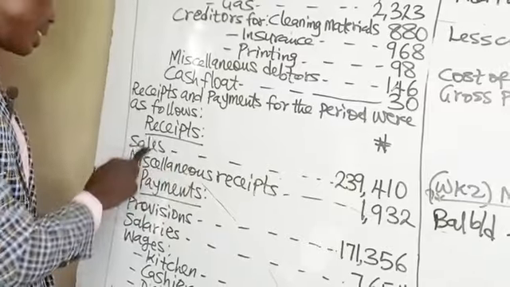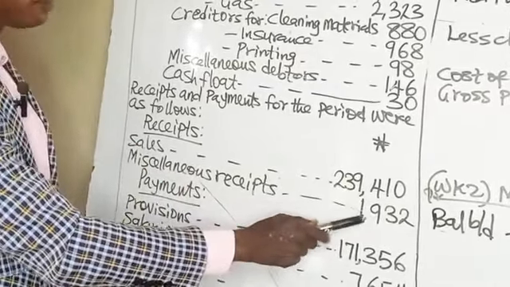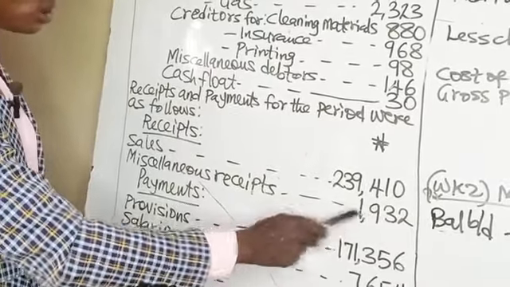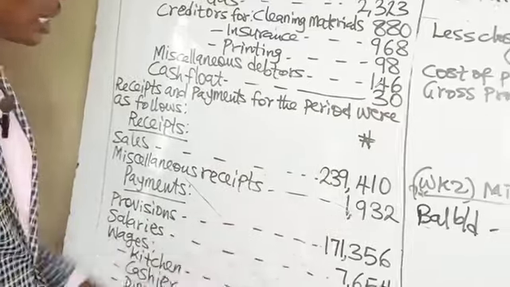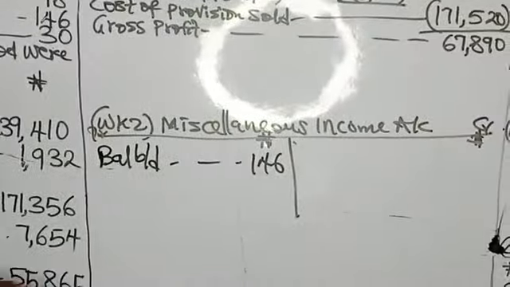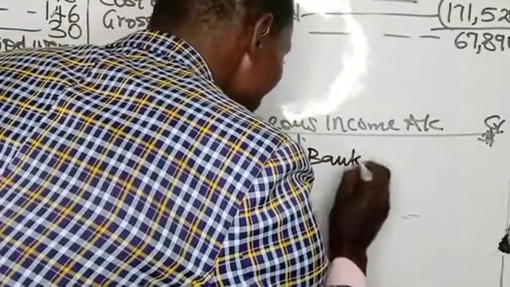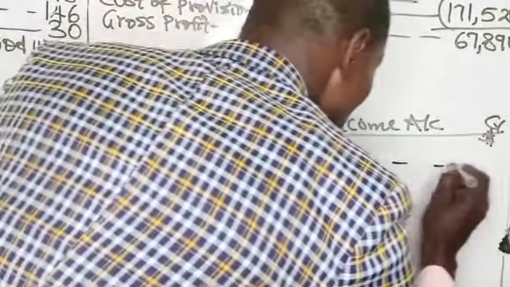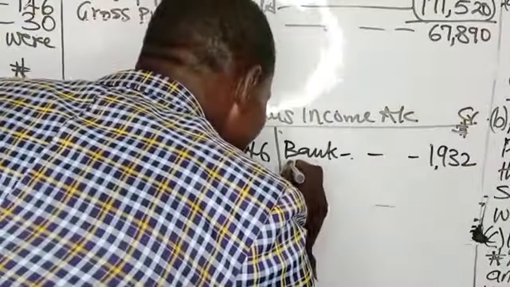That means the receipt side is the debit side. So if you want to transfer it to miscellaneous income account, it will go to the credit side. So 1,932, receipts and payment, 1,932.